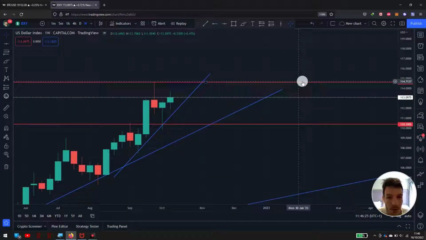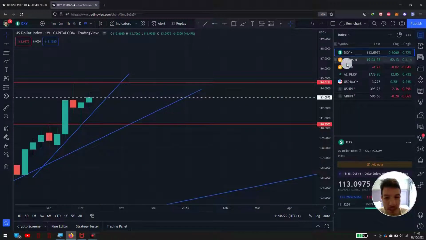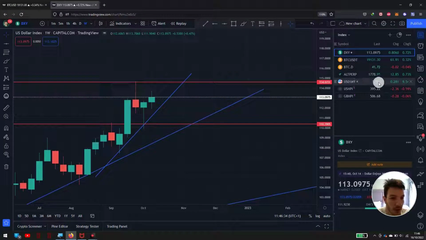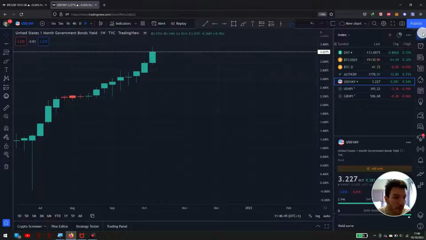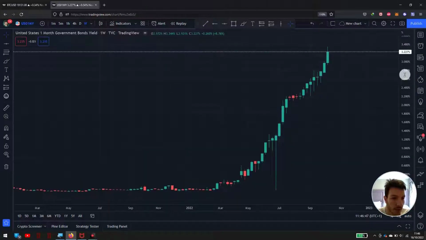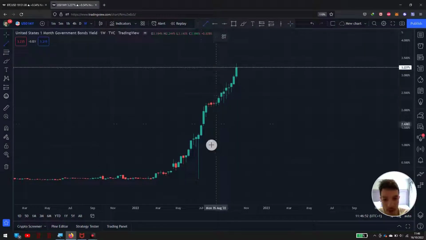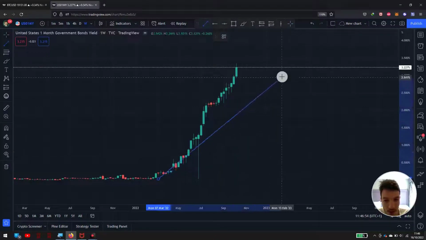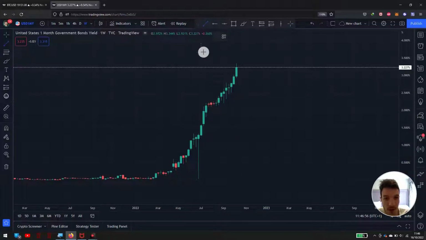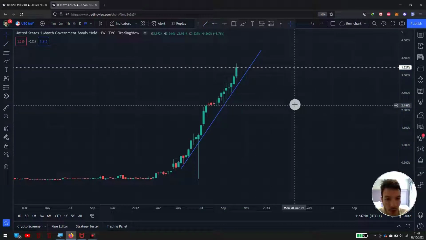But that is also related to some other things. Sorry guys for making it a bit complicated, but everything is related to each other in the financial sector, so you also have to look at the interest rate, which is this one. You can see that the interest rate in the United States is shooting up. When this is going up, that means everything else in the world will go down.